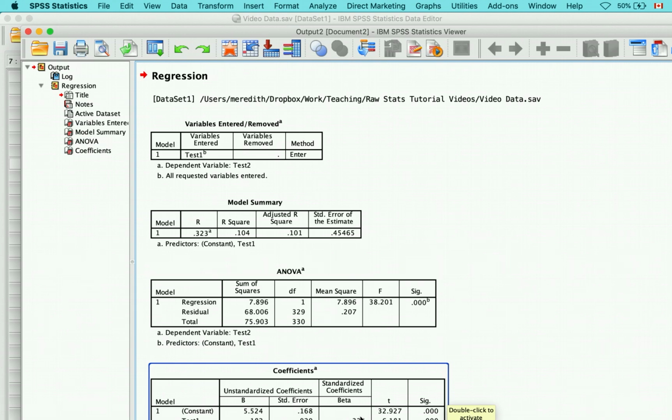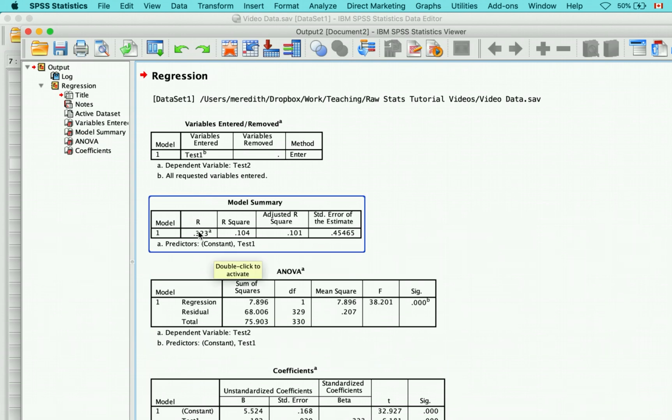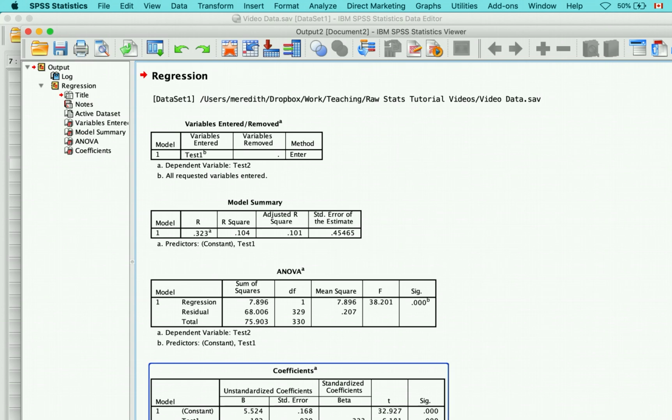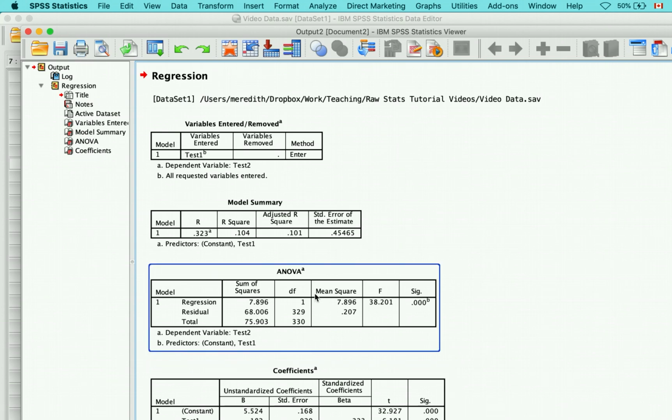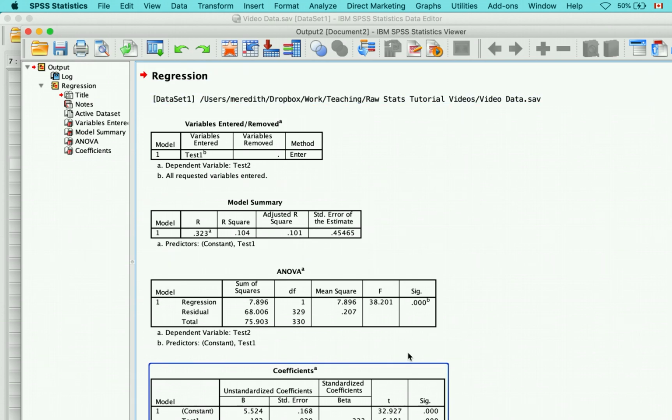And in that case, it wouldn't be equal to the R value because it would be looking at a bunch of different values at the same time. But when you're just running simple regression, that correlation comes up a couple times. So that is how you would interpret all of this.